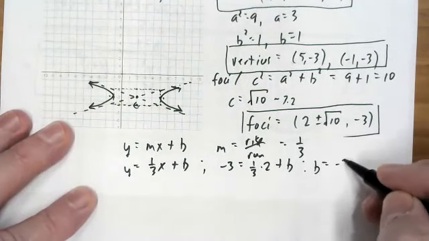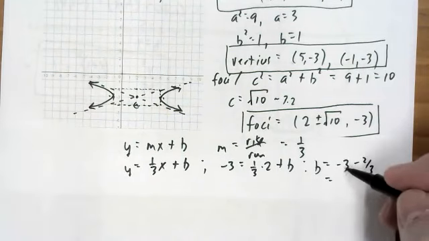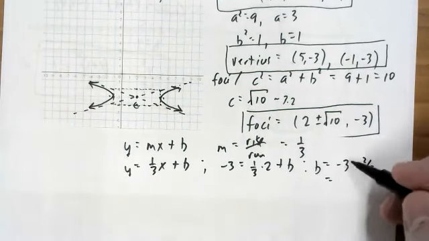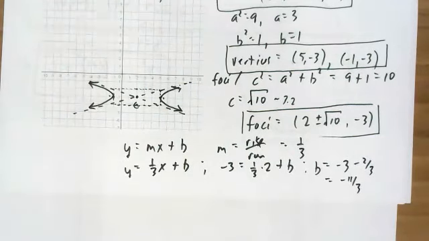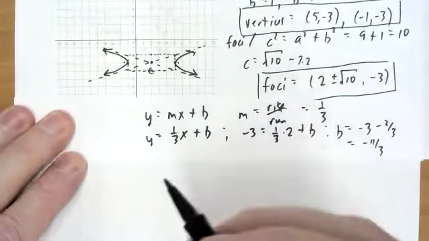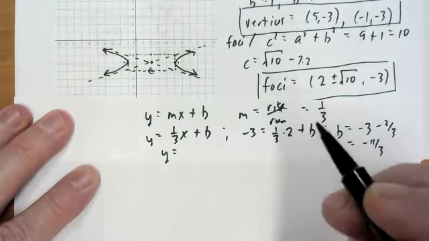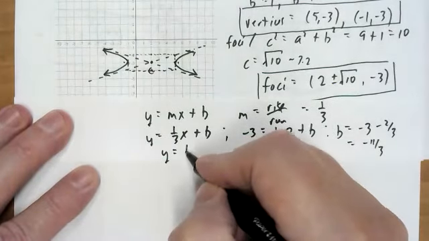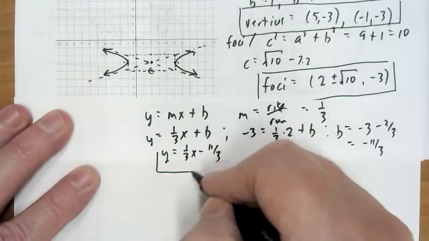Looks like b is going to be -3 minus 2/3. To combine these, this would be -9/3, looks like -11/3. Wow, pretty ugly fraction. So basically, this one asymptote is going to be 1/3 x minus 11/3.